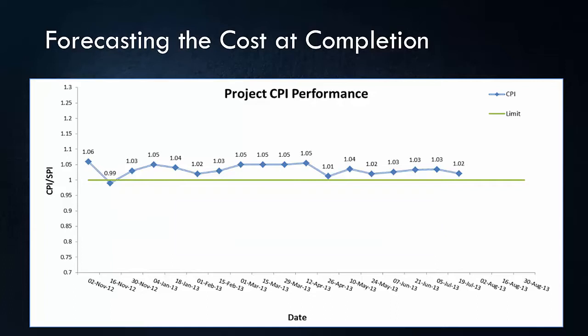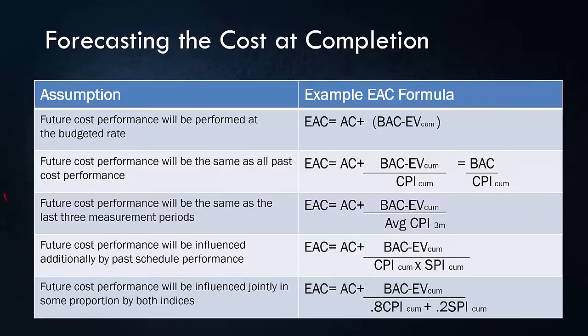But let's say you are working on a project that the last 3 months were kind of steady in terms of your performance. In that case, you can use this one, average CPI in the last 3 months. Or let's say you are kind of behind in your project and you want to factor your scheduled performance into the equation. Then in that case, you can use either of these two methods by combining your CPI and SPI into your forecasting equation.